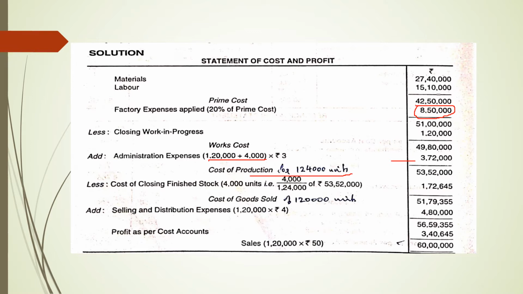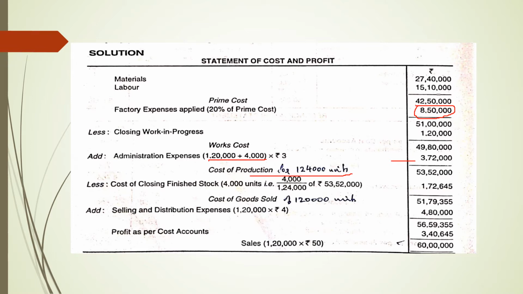The cost of production is for the total production of 124,000 units, but as mentioned here, only 4,000 units are closing stock, unsold in the market.